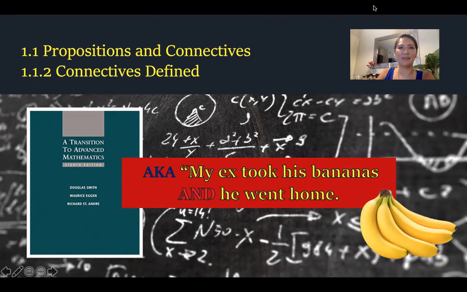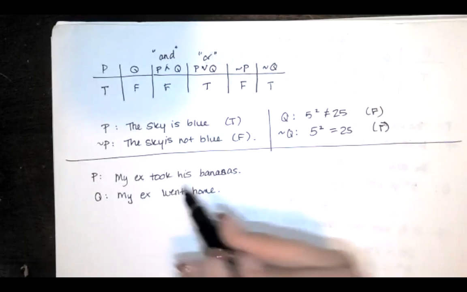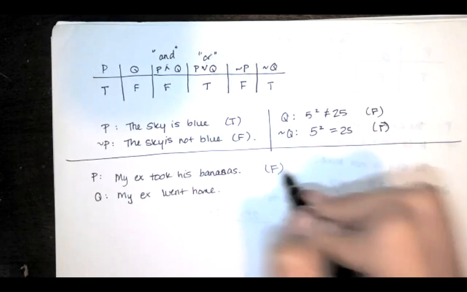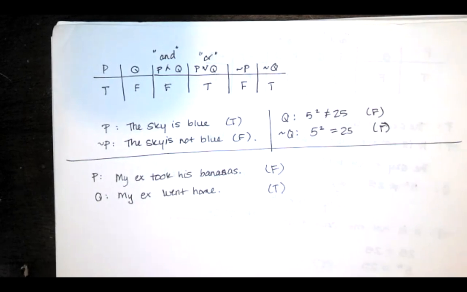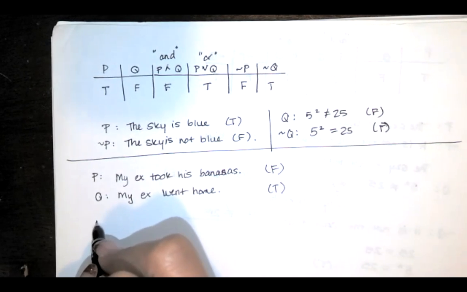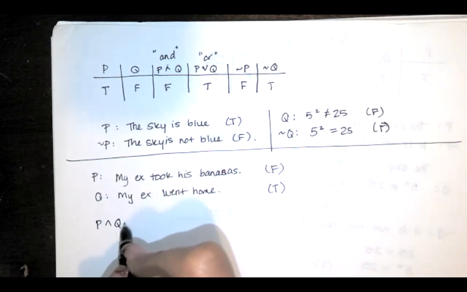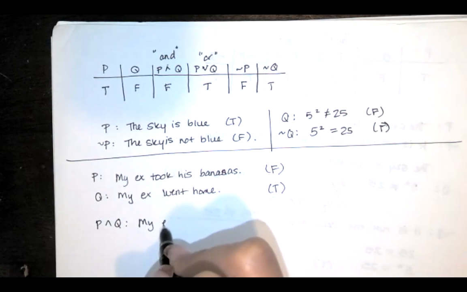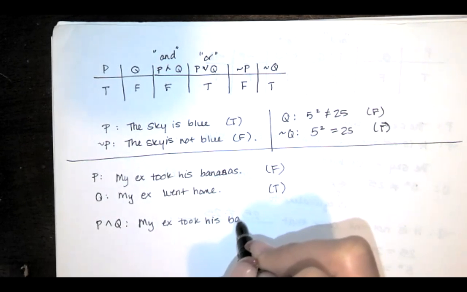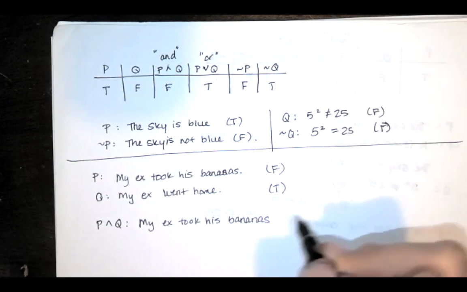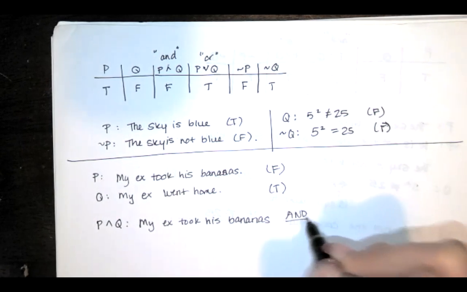So let's look at the paper. My ex took his bananas, that's false. He didn't have any bananas here. My ex went home, that's true. And it was an and statement. The statement was, my ex took his bananas and he went home.